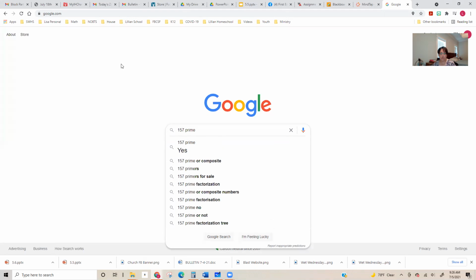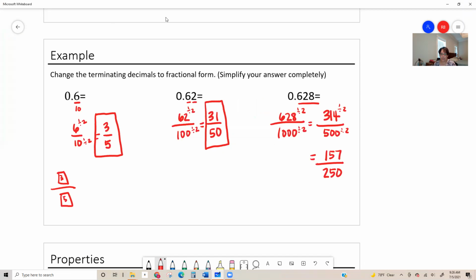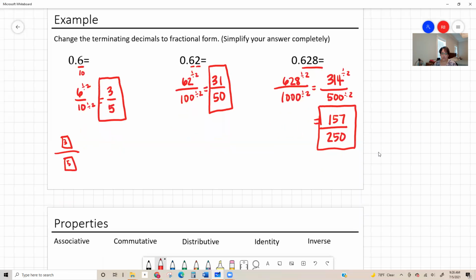And as soon as I put that in, it says that yes, that's a prime number. Okay, so again, we have lots of technology. Let's use it to our benefit. All right, so since that is a prime number, this is as simplified as it is going to get. All right, so that is going to be those questions.